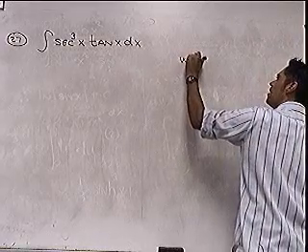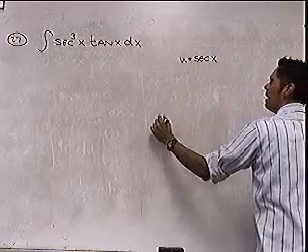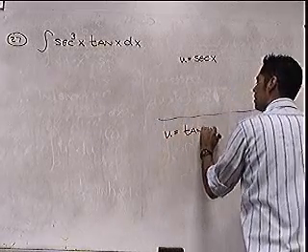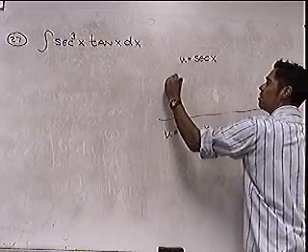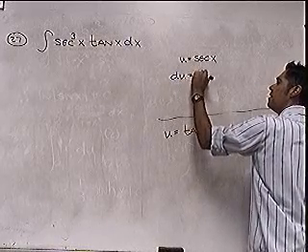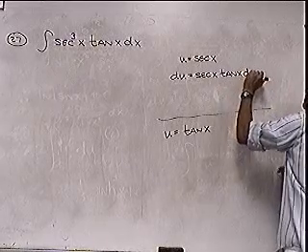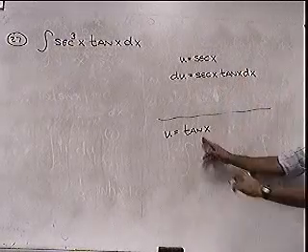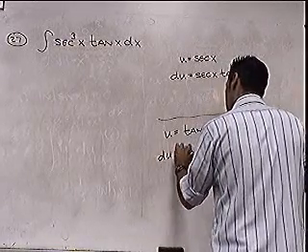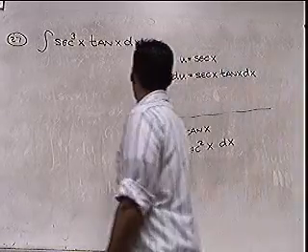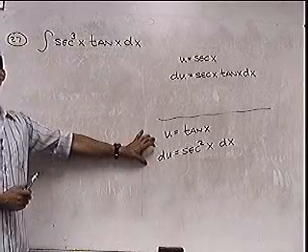If I use secant x, that's one option. Here's my other option, choosing u to be tangent x. So let me look at the derivatives of each of these. The derivative of secant x is secant x tangent x dx, right? What's the derivative of tangent x? Secant squared x dx.